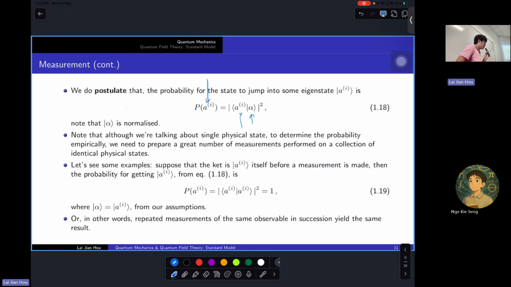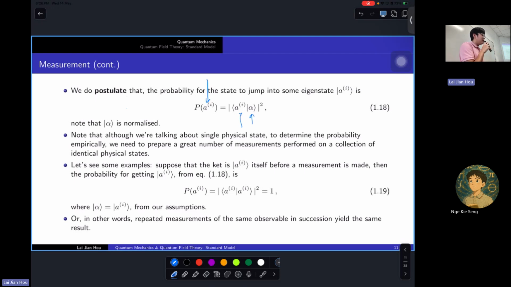Although we are talking about one single physical state, if we want to determine the probability of a certain physical state being thrown into one of the eigenstates, we need to do a great number of measurements on the same physical state.